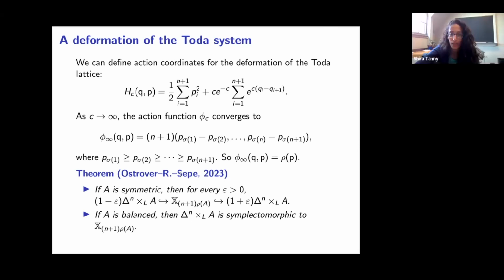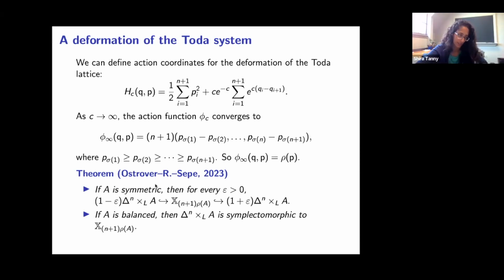Yeah, that I understand, but I couldn't figure out why being balanced saves you. Yeah. Being balanced is the condition that you need to show that the domains that converge to the Lagrangian product are contained in each other. Oh, I see. Okay.